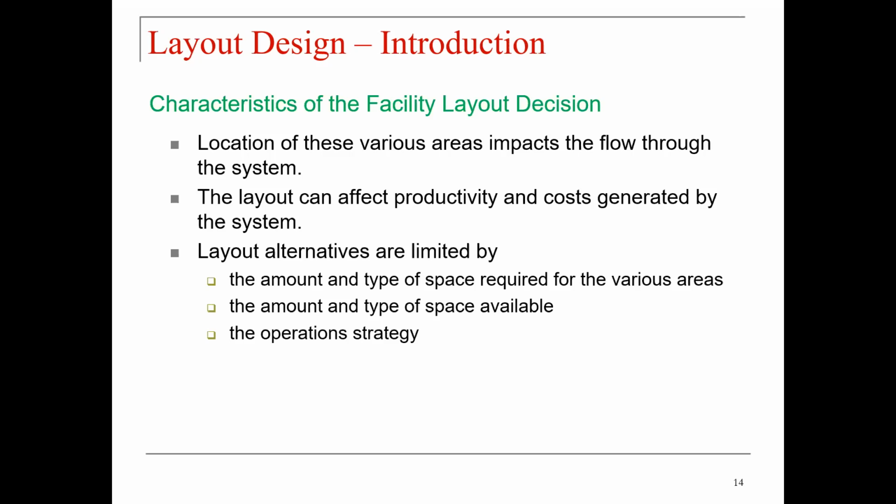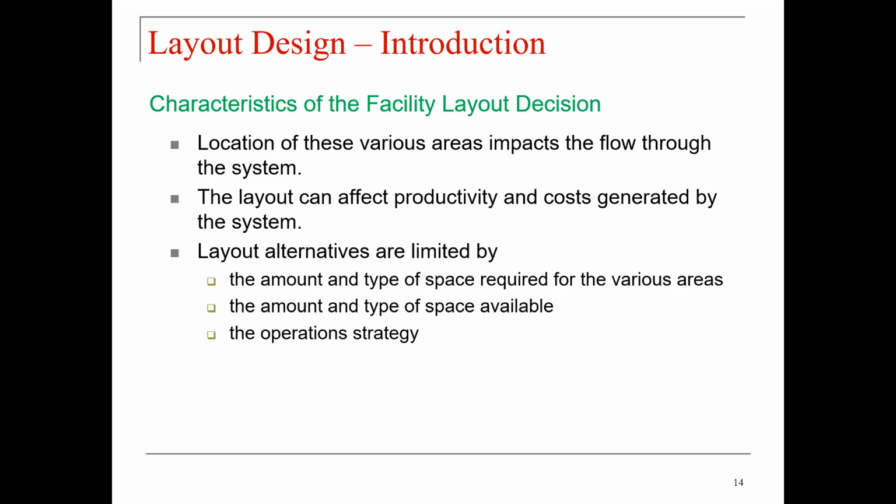So if you have a department such as a warehouse that has a lot of interaction with the docks, you want to make sure that that warehouse is located close to those docks because you know that there's a lot of flow going between them. So you don't want to have that warehouse located far away from the docks.